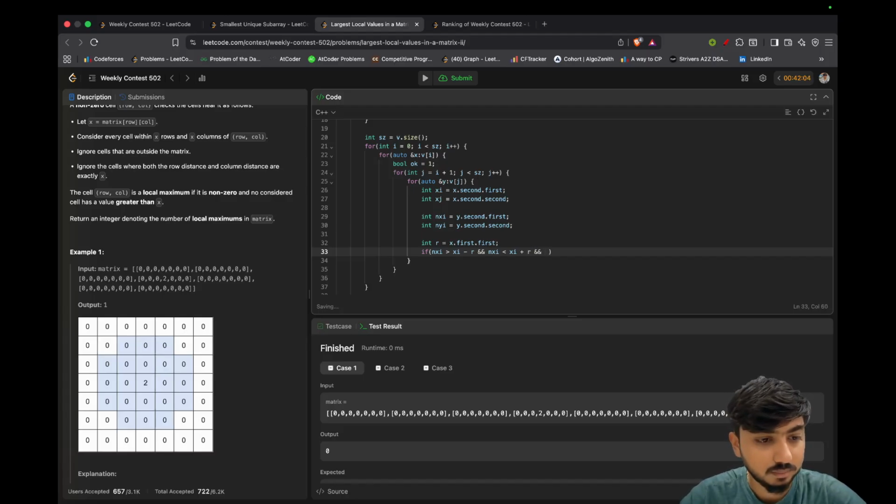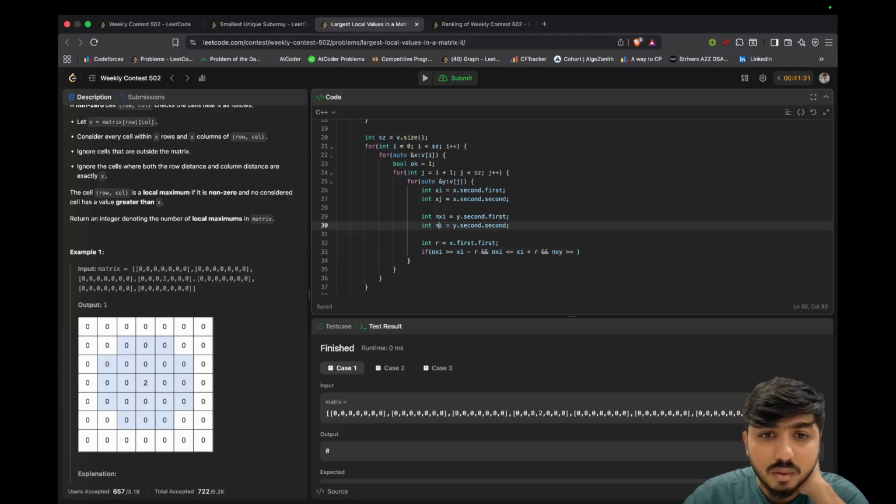And then new xi greater than equal to xj.